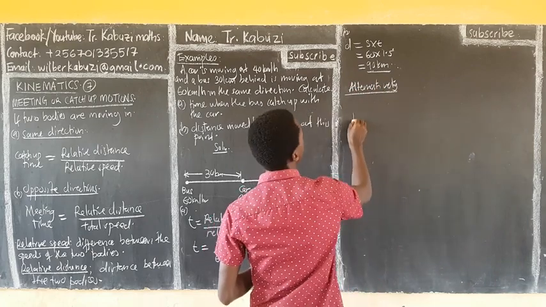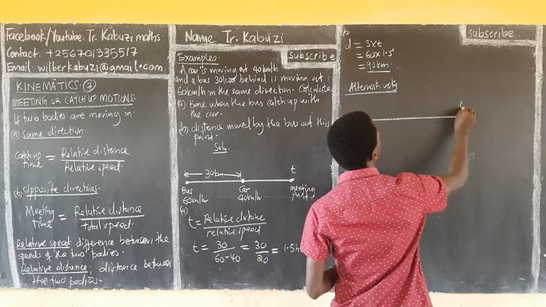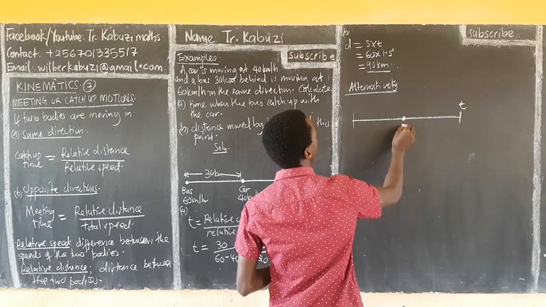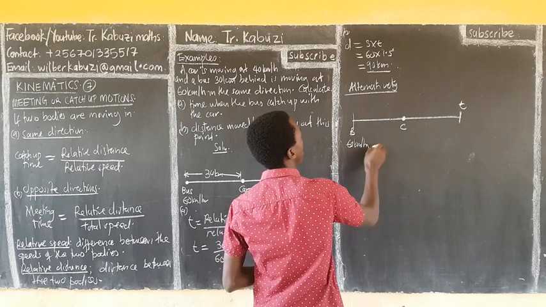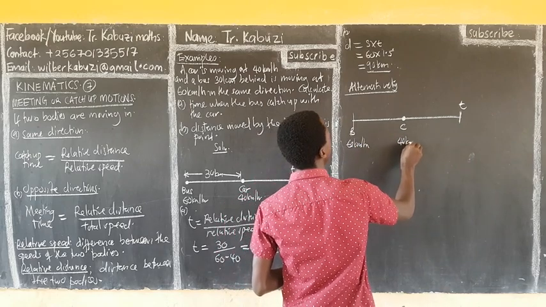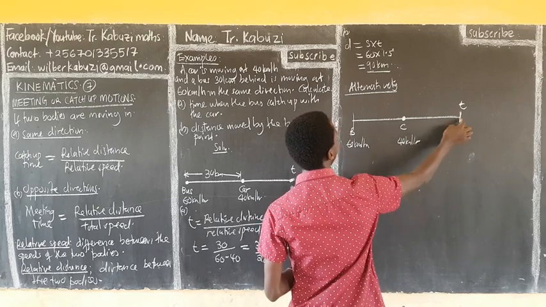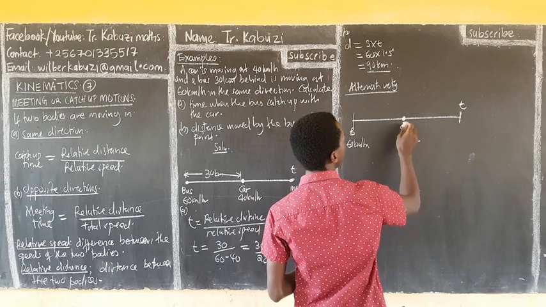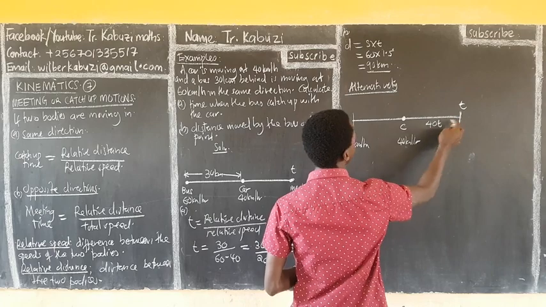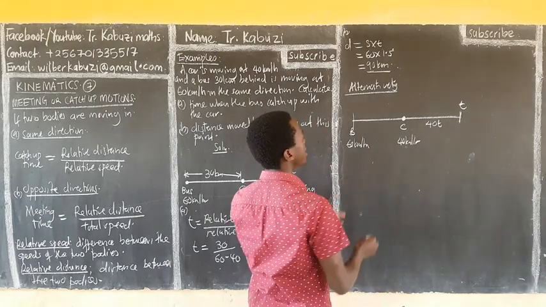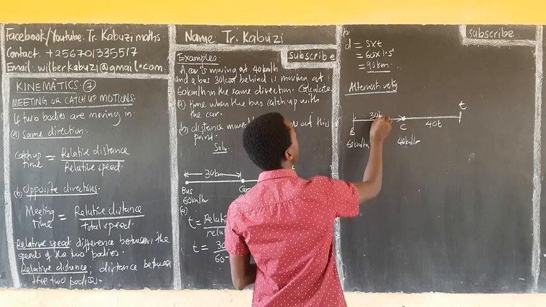Alternatively, some people like this. This is our meeting point, with time t. This is our car, moving at 40 kilometers per hour, and this is our bus, moving at 60 kilometers per hour. If the time for them to meet is t, the car moves a distance of 40t. The distance between them is 30 kilometers.